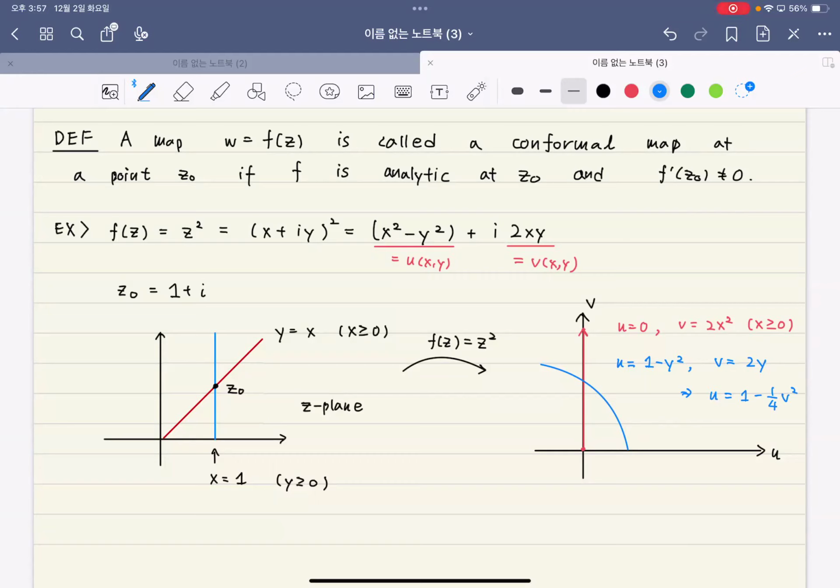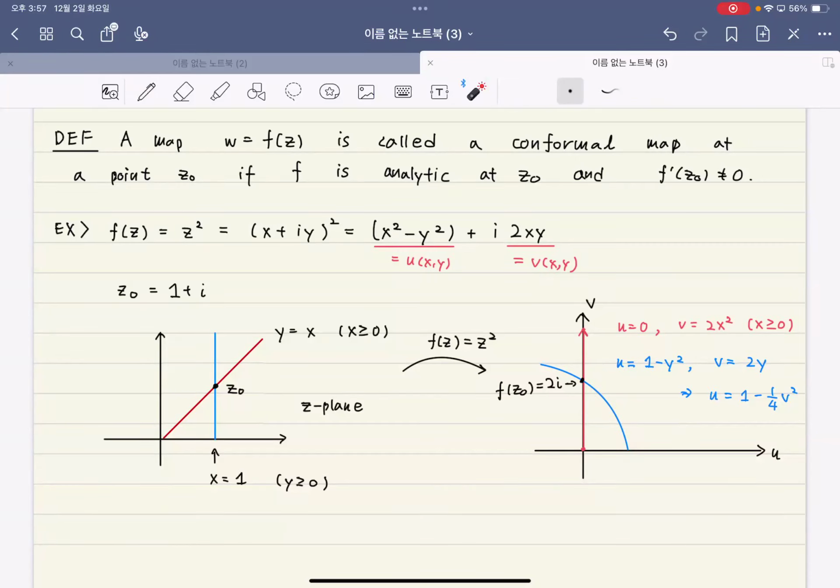And what do you think is the image of this point under this map? So this is 1 plus i squared. Therefore, if you square this, this point is going to be 2i. So this is f of z0.